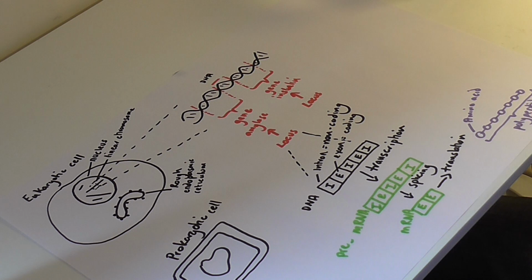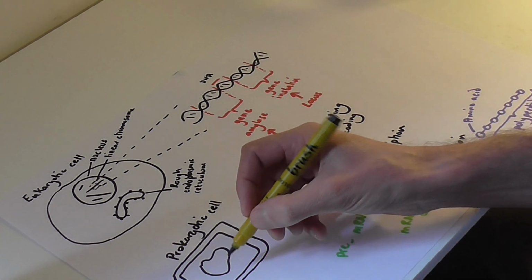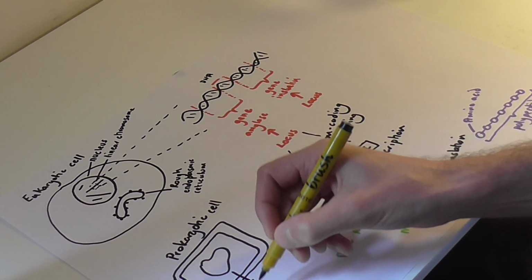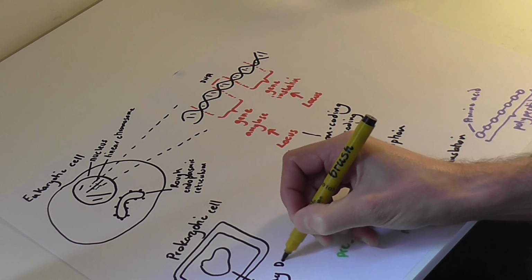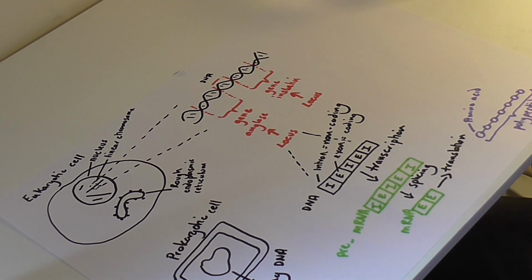Prokaryotic DNA is just made up from coding DNA. So there are no non-coding regions in between genes.